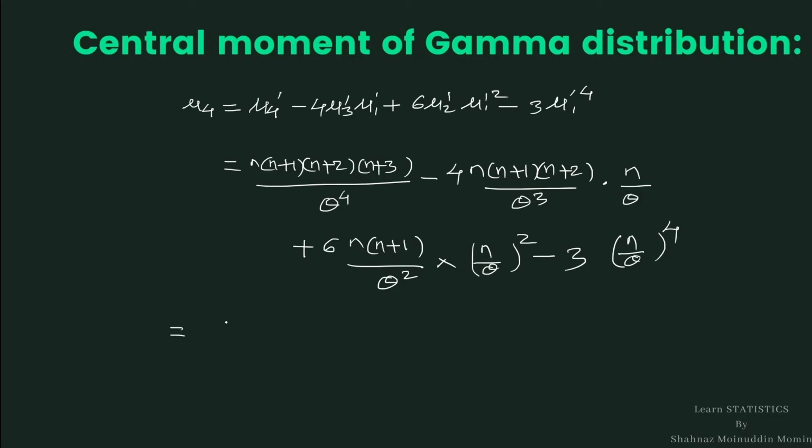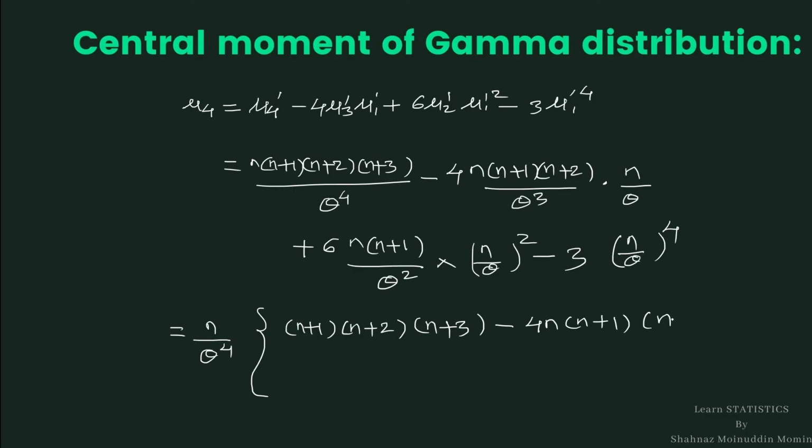By taking a constant n by theta raised to 4, we get n plus 1, n plus 2, n plus 3 minus 4n, n plus 1, n plus 2 plus 6n square into n plus 1 minus 3n cube.